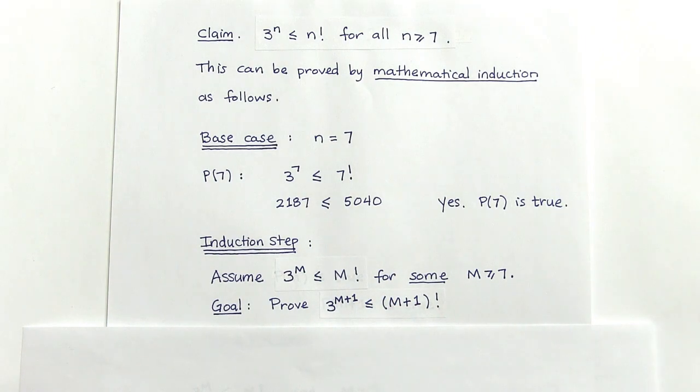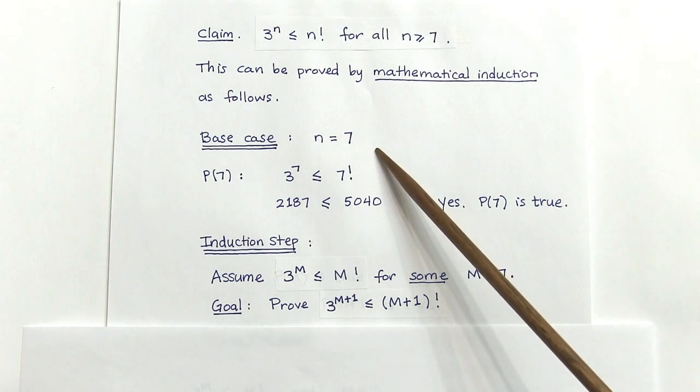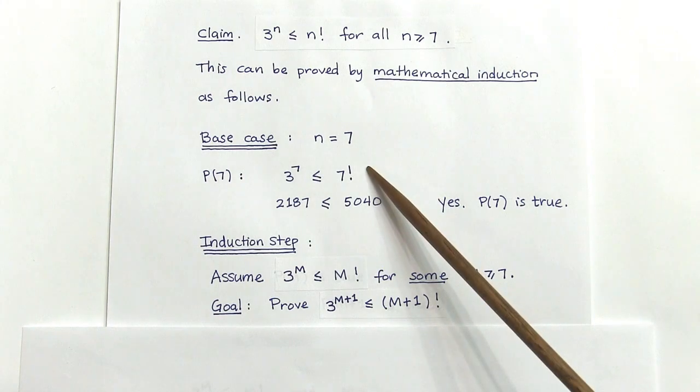Now remember, it's perfectly valid and correct for me to assume that it is possible to get 3 to the m is less than or equal to m factorial for some value of m greater than or equal to 7. This has been established in the base case, so that in particular, when m equals 7, this is true.